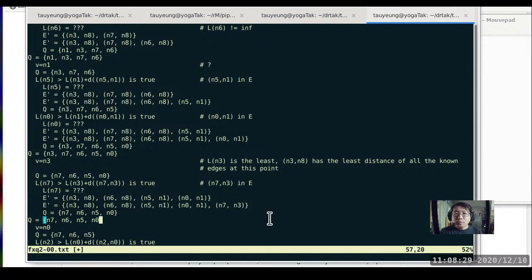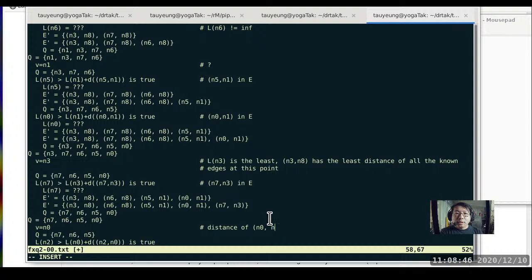The next one that we have chosen out of the set is N0. So what that tells me is the distance of N0 to, I think N0 goes to where? N0 goes to N1.